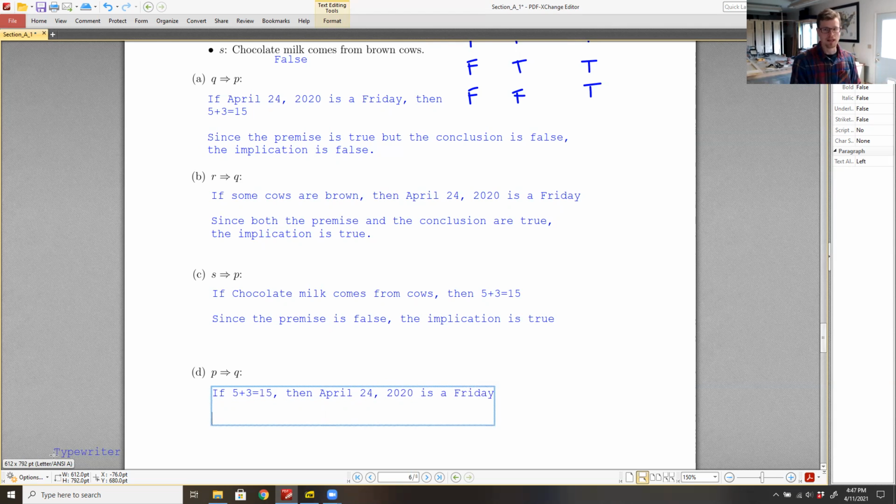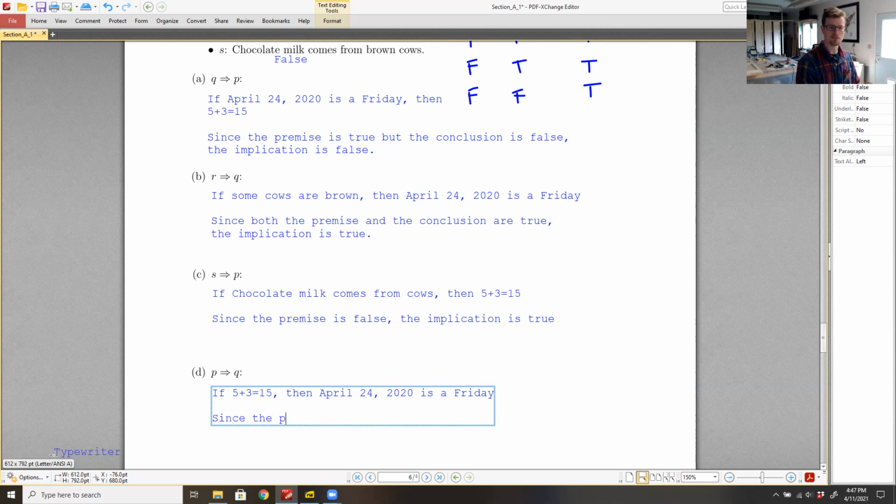Excellent. And in this case, I don't care one bit about the conclusion yet, right? I always start by checking the premise. Is the premise true or false? The premise is false here. Since the premise is false, the implication is true.